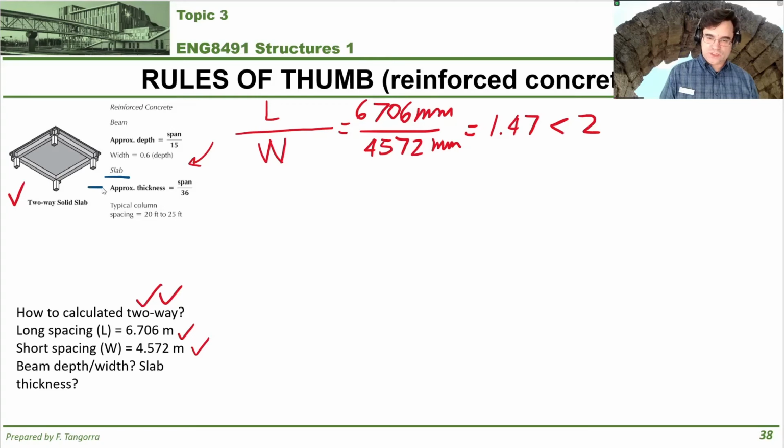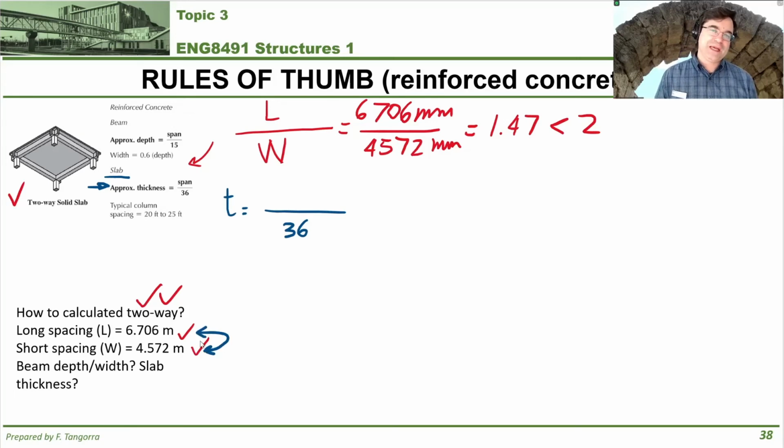So we're going to do first the slab thickness. And again, I got these rules of thumb from Appendix B in the back of your textbook, latest edition. The rule of thumb for the thickness of the slab is the span divided by 36. Excuse me. What is the span? We have the choice between two amounts here.